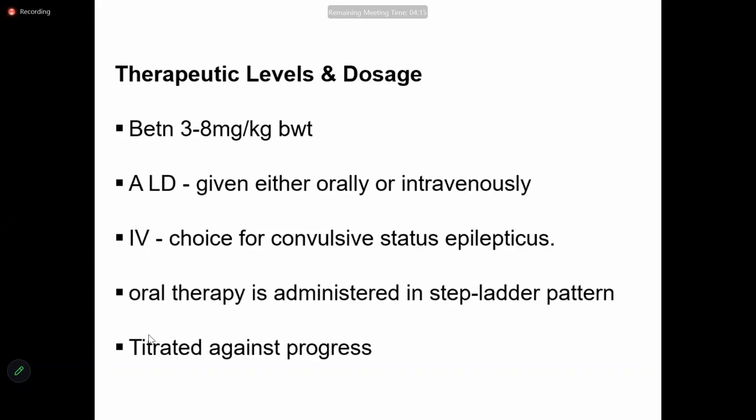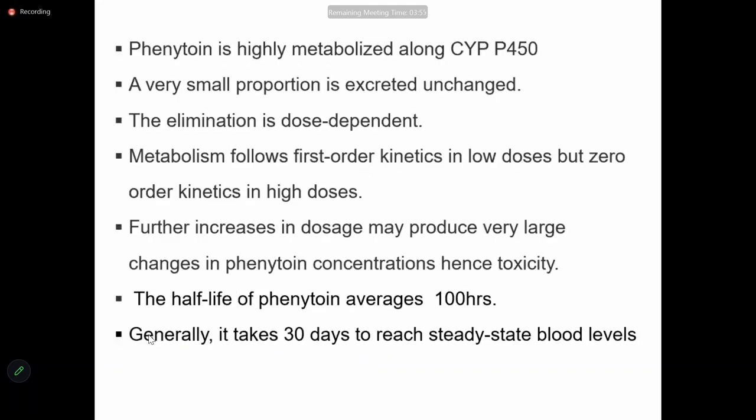Once you start with that lower dose, you use what we call the step ladder pattern in initiating subsequent treatments. These must be titrated against seizure progress. When the seizures are increasing, you need to follow the step ladder by increasing the dose very slowly.